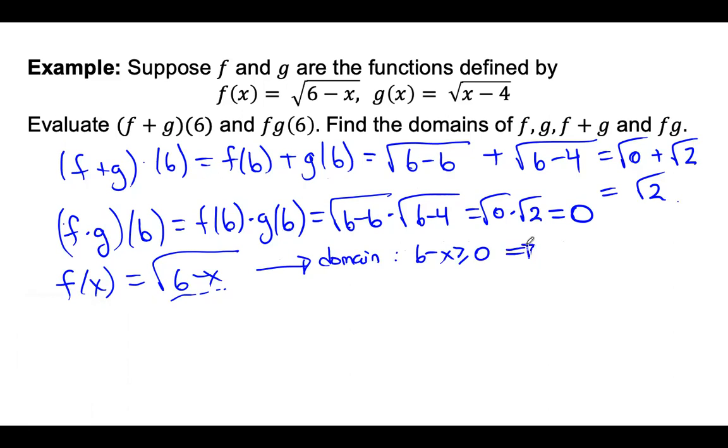What does that imply then? That implies 6 is greater than or equal to our X. Oh, wow. Well, we can draw this. We kind of know from when we did intervals, draw the number line. So let's say this is our 6, and our X is anything below it.